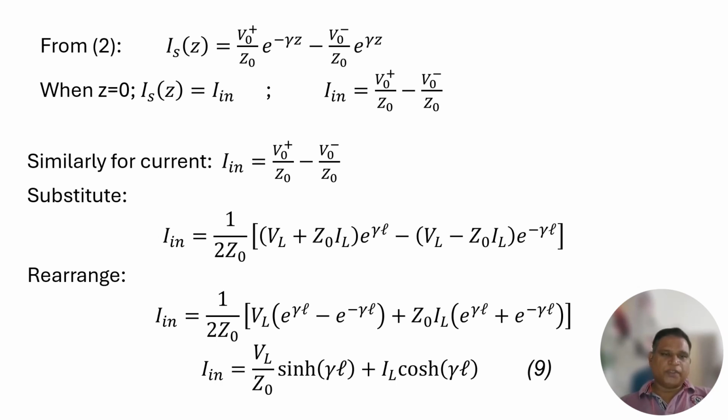By substituting V naught plus and V naught minus in this equation and simplifying, we'll get Iin is equal to (VL divided by Z naught) sin hyperbolic gamma L plus IL cos hyperbolic gamma L.